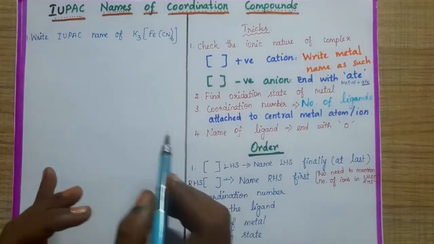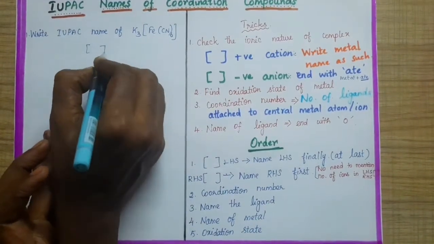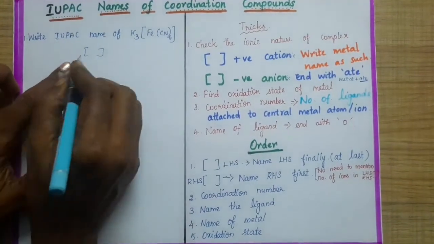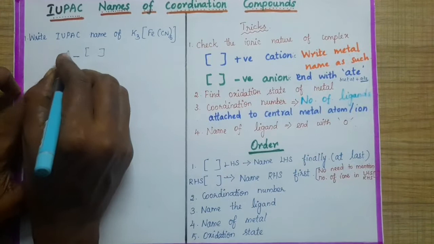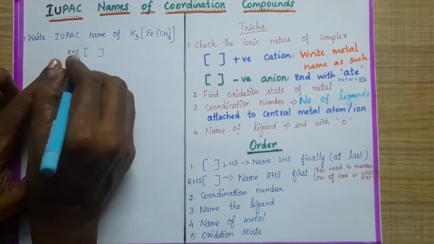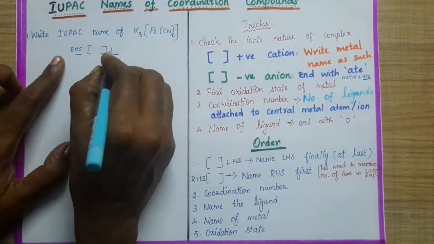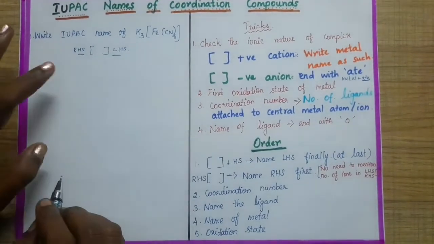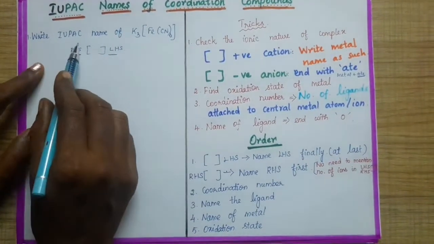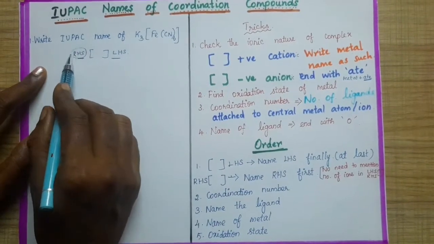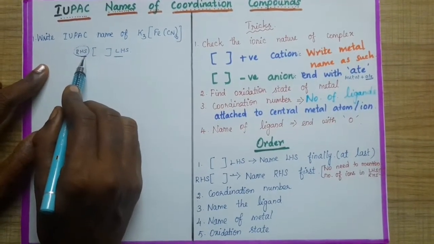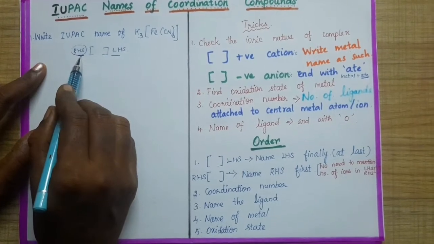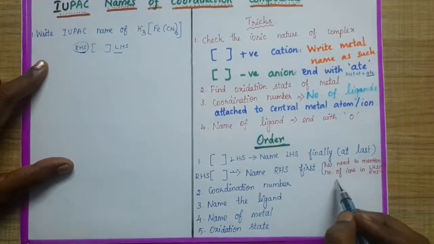We know the square bracket, if this is my complex, then you can call this side RHS, that is right hand side, and this side LHS, that is left hand side. If any other atoms are present on the right hand side, you have to name them first, but no need to mention the number of ions.